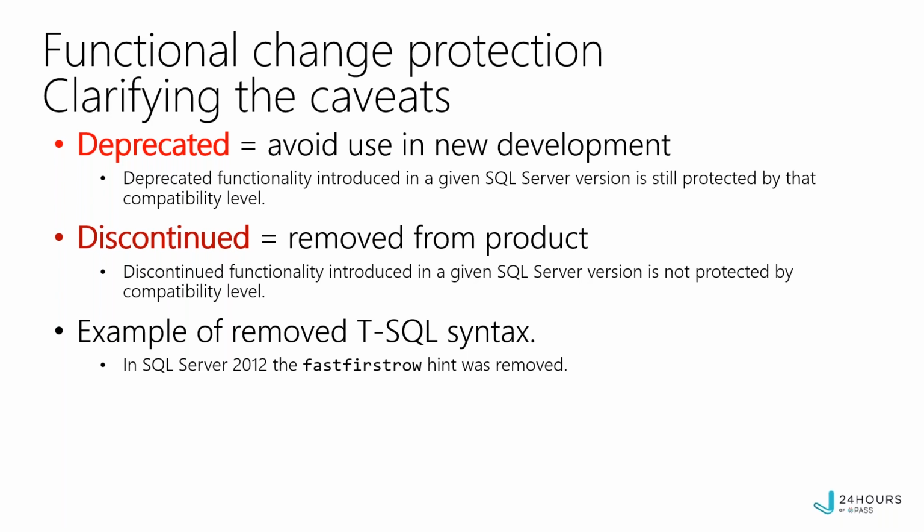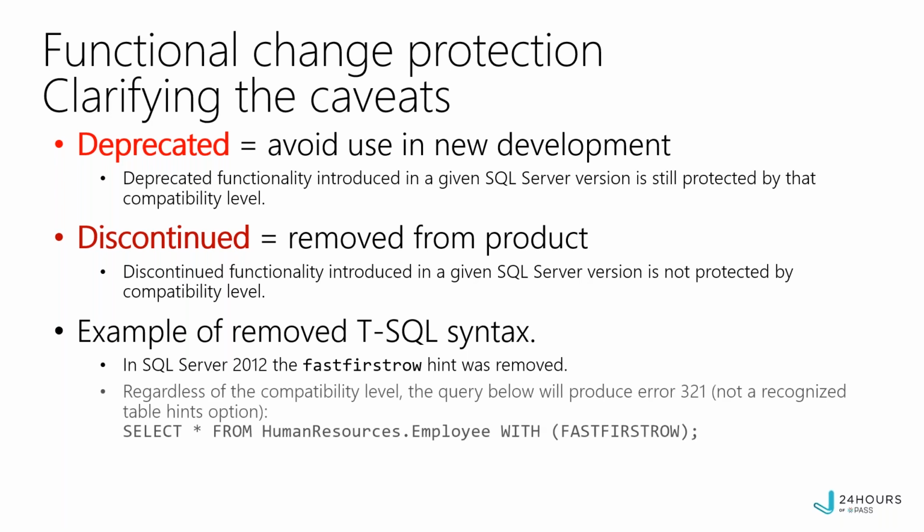The fast first row hint was removed back in SQL Server 2012. Now imagine that you're coming from SQL 2008 and you have that hint working in your code. We have tools that will allow you to uncover these, but you will need to go in and fix something. For example, this query that you see on the screen here, regardless of compat mode, if it's running on any version after SQL 2012, then it won't work.